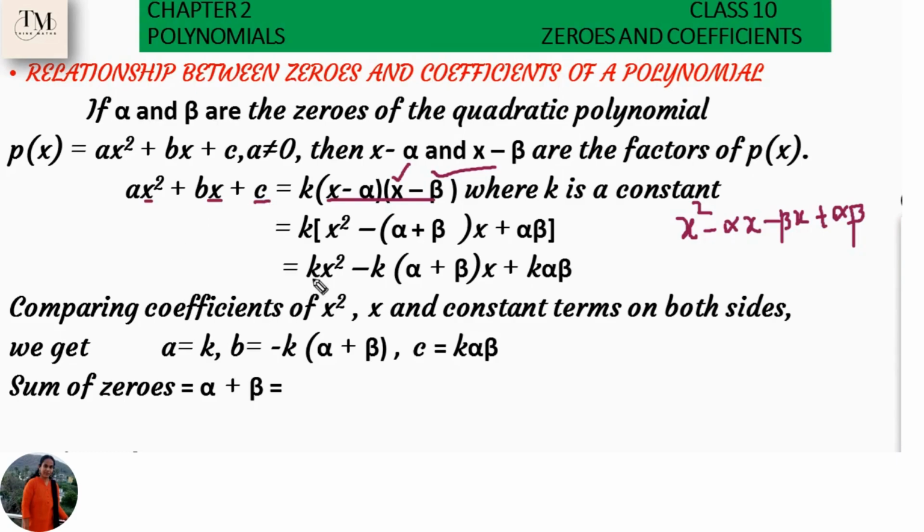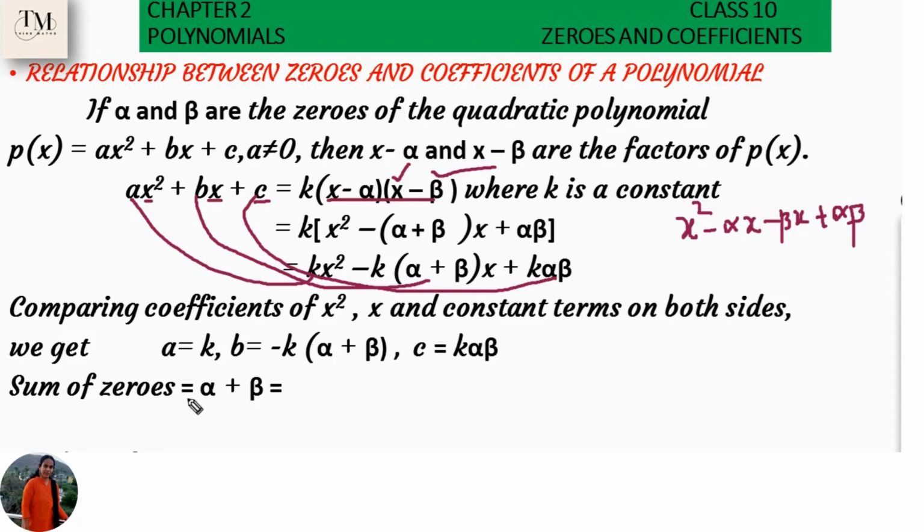So if we compare that, then k will be equal to a and minus k into alpha plus beta will be equal to b and k into alpha beta will be equal to c. So a is equal to k, b is equal to minus k into alpha plus beta and c is equal to k into alpha beta.